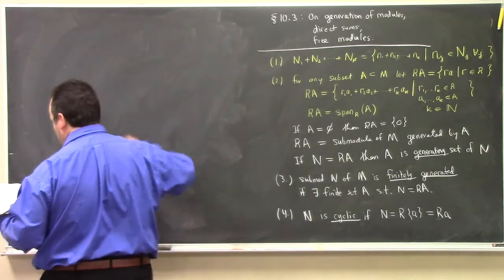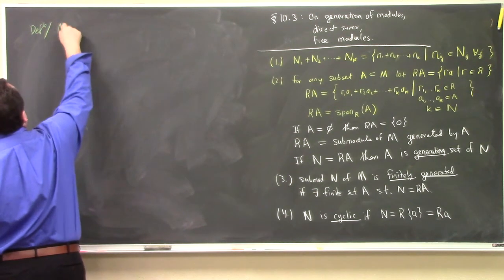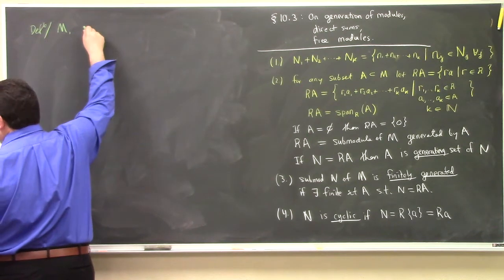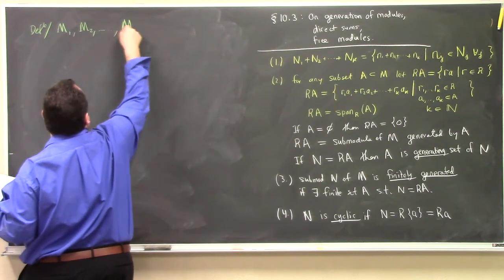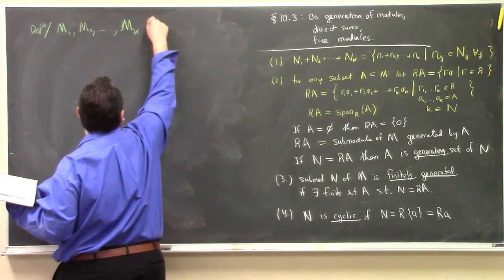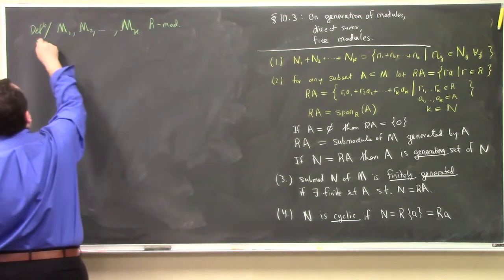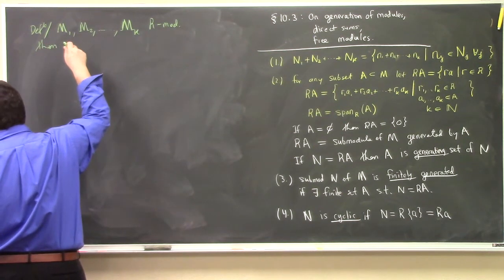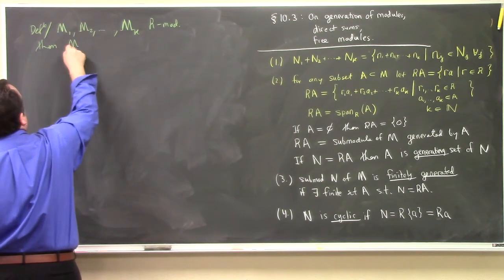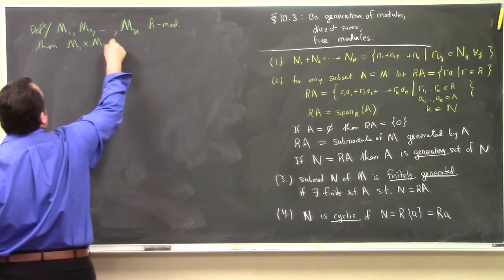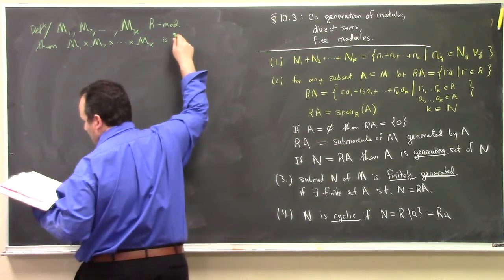Definition: M1, M2, ..., MK are modules, a collection. This is, well, excuse me, this is the direct product, external direct product, Cartesian product, you could call it. Then M1 cross M2 cross ... cross MK is the direct product.